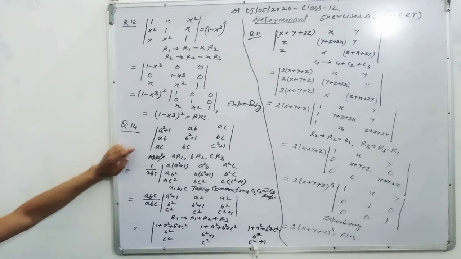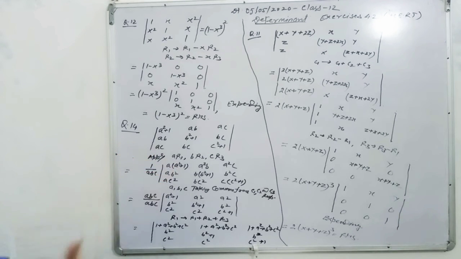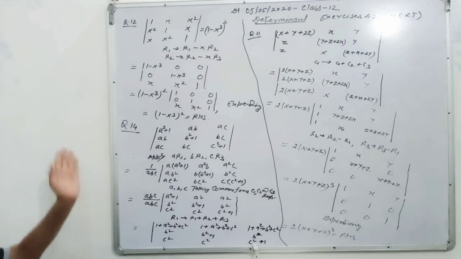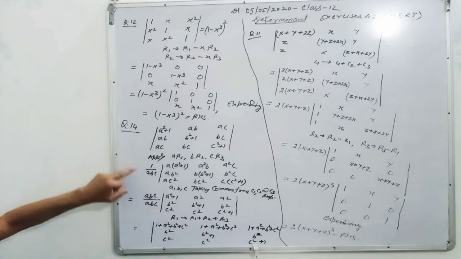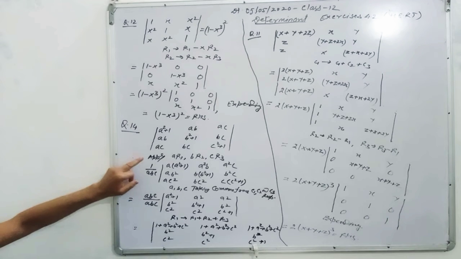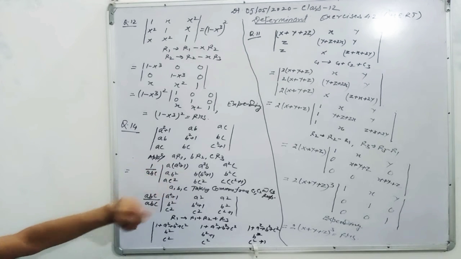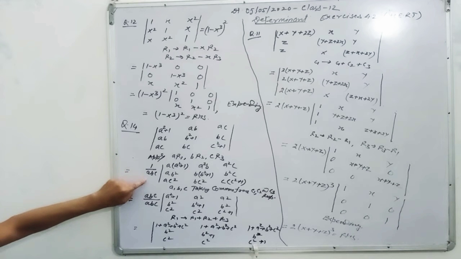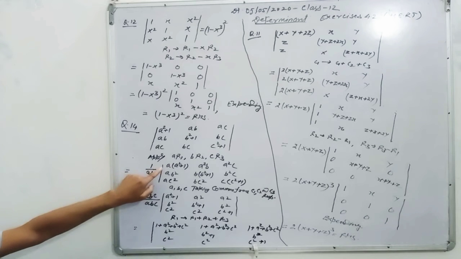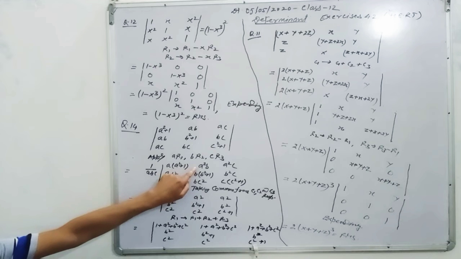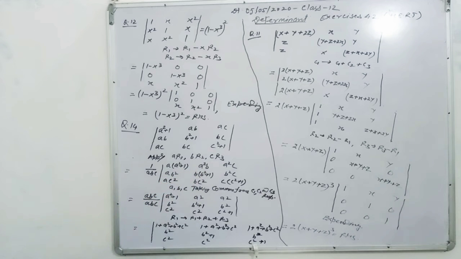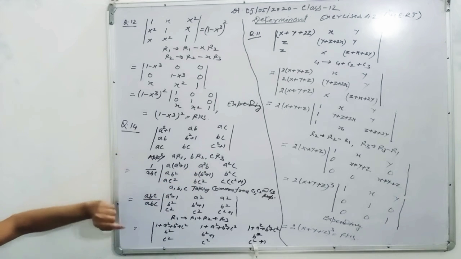To prove it, apply in R1 multiplying by a, in R2 multiplying by b, in R3 multiplying by c. You are multiplying, so you will have to divide here by a, b, c. In R1, a into this: a square, ab, ac after multiplying by a.